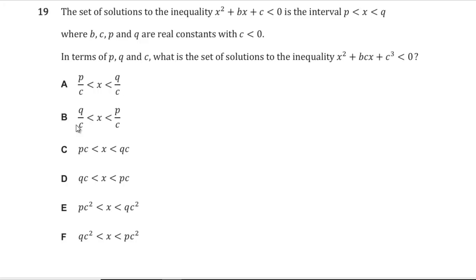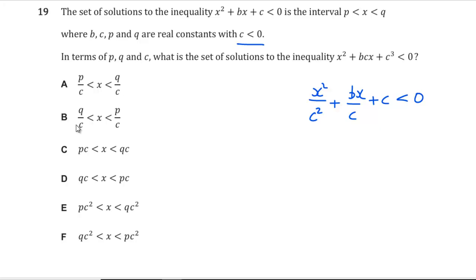Okay, so let's divide this by c squared. So c is less than 0, so I can divide by it. c squared isn't going to change the inequality sign. So yeah, let's try that. So I'll have x squared over c squared plus bx over c plus c is less than 0.